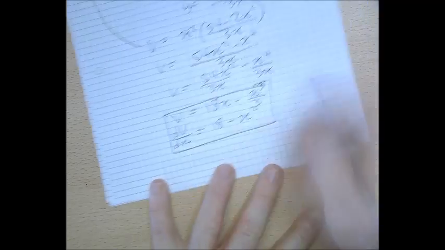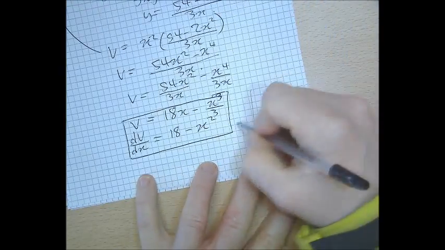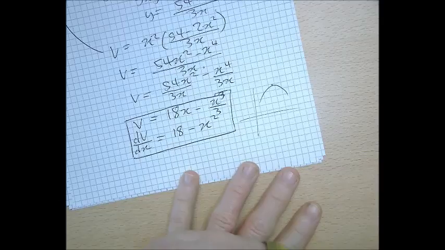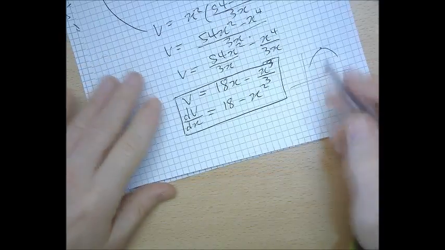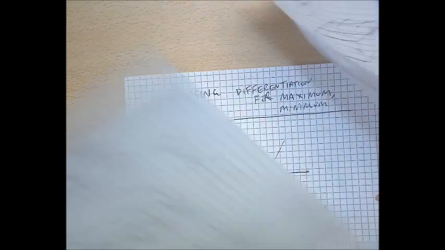Now I want to find out where that's flat, because when it's flat will be the top of a little crest. Okay, so flat means that I put a 0 there. Let's get some more paper.